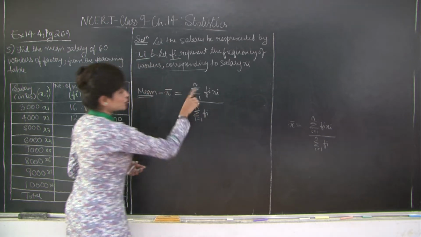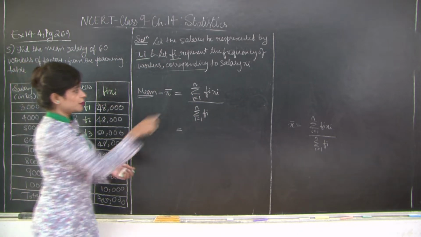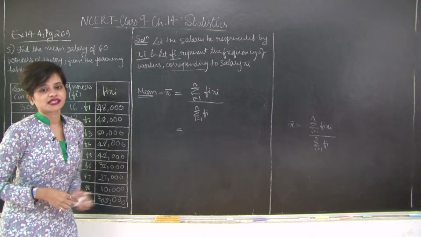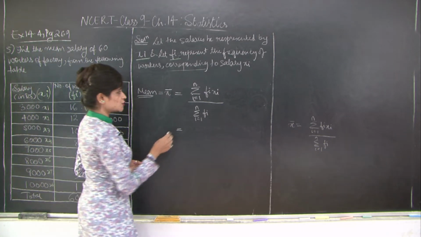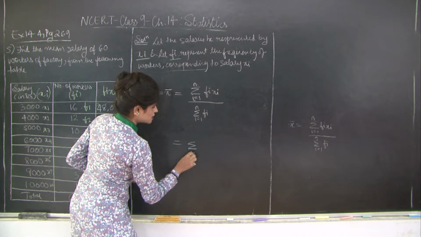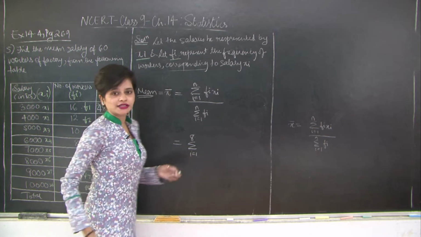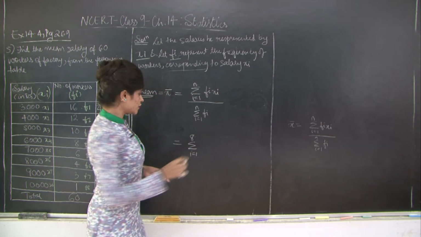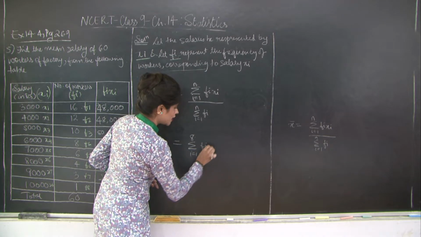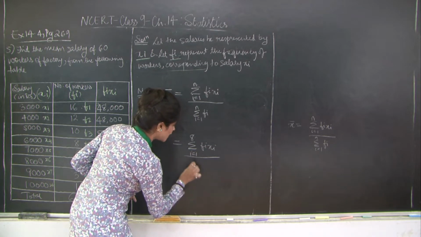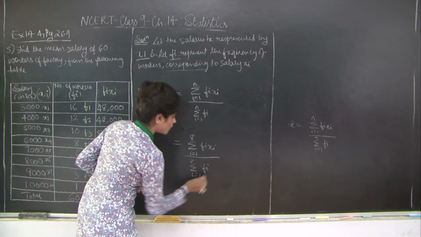We will just need to rewrite the statement once again, because I have given only from i equal to 1 up to n. We need to specify what n is over here. So we will just rewrite this to be equal to summation i equal to 1 up to 8, because there are 8 entries out here. See, up to x8, right? So fi xi upon summation i equal to 1 up to 8 fi.